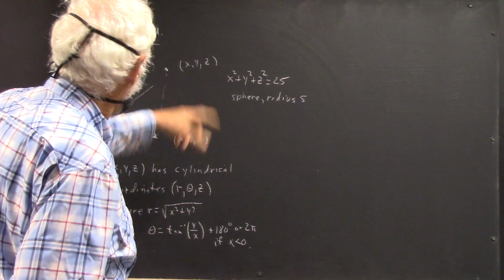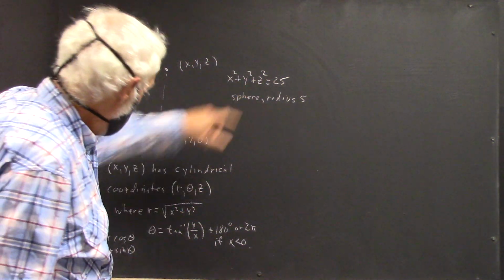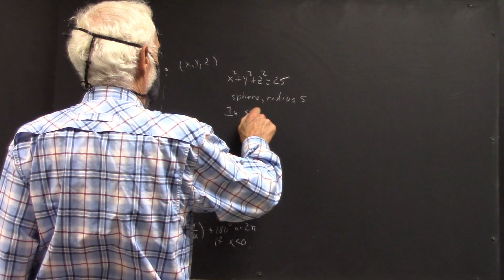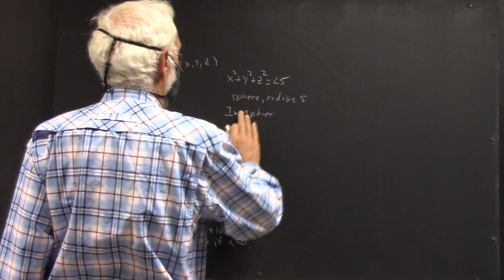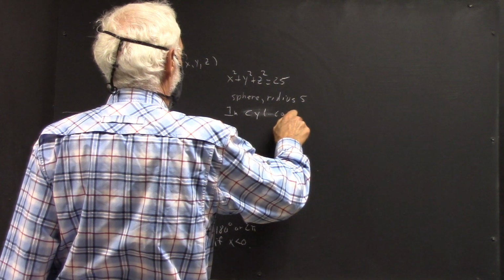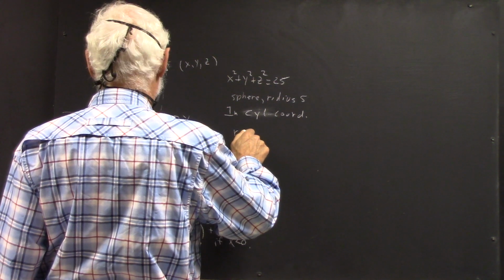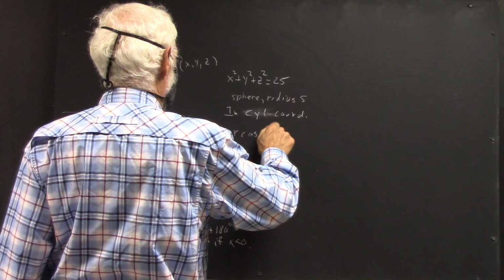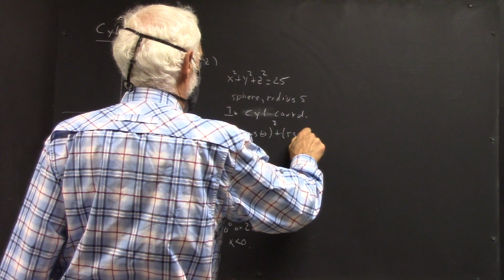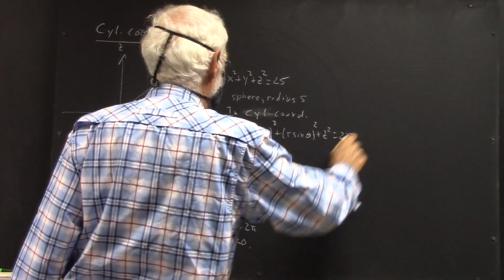And we want to put this in cylindrical coordinates. Well, x is r cosine theta, y is r sine theta. You get r cosine theta quantity squared plus r sine theta quantity squared plus z squared equals 25.